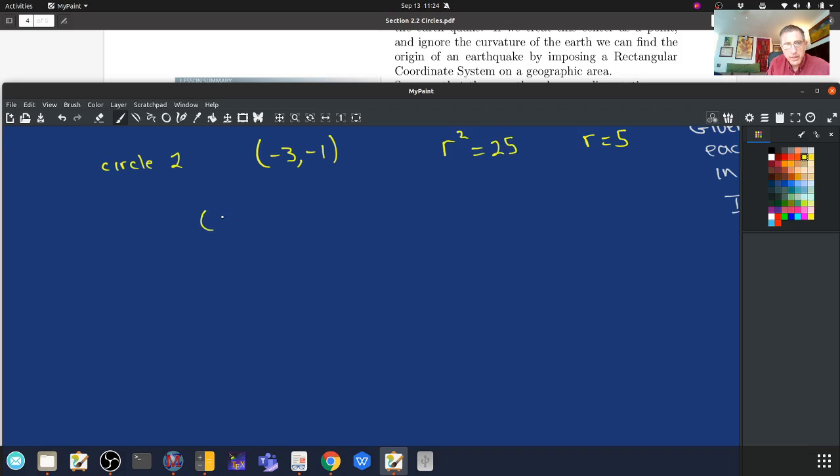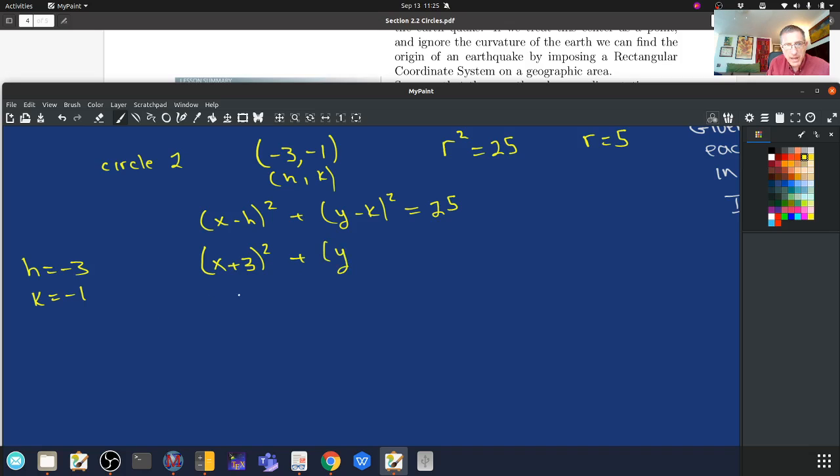So we have x minus h squared plus y minus k squared is equal to r squared, which is 25. This is the center, so hk, h is equal to minus 3, k is equal to minus 1. So remember that h has to bring its negative along with it. It can't use the one that's there. So x minus a minus 3 is x plus 3.